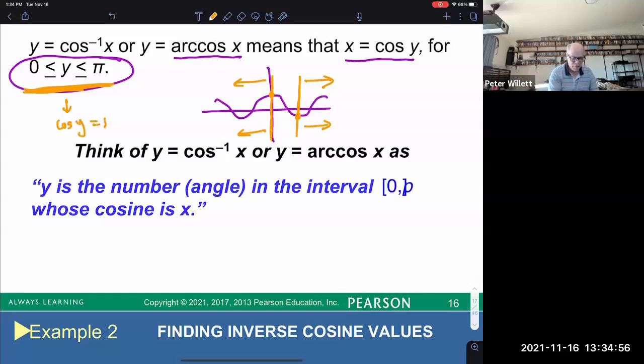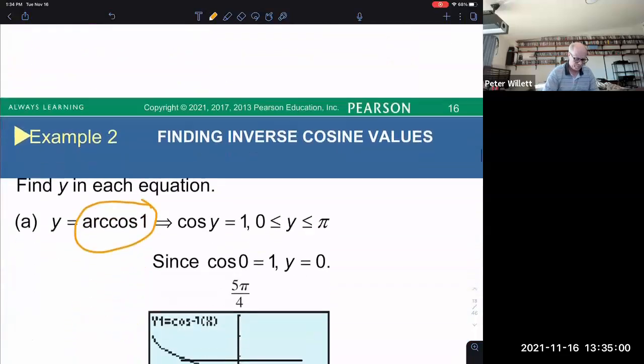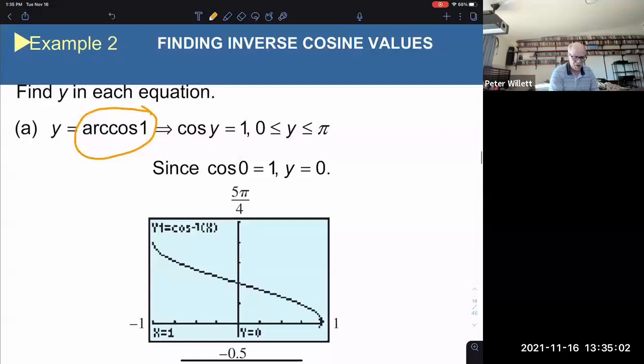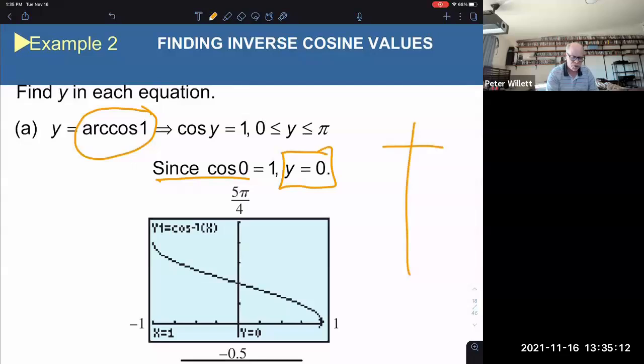And we can remember in this range that cosine of 0 is equal to 1. And so they would say, since cosine of 0 is equal to 1, then the answer for arc cosine of 1 is 0. And you could make a table of values, and you can imagine you plug in your x's, and you're getting the inverse cosine. And so this would tell us, well, if I plug in a 1 to the inverse cosine, I get a 0.